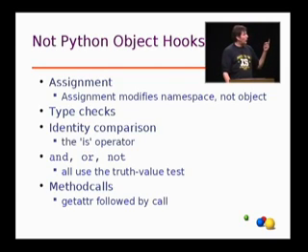And, or, and not are Boolean operations, and they just call the one truth value test that your object can implement, and you have no control over what they actually return. As some may know, and and or in Python return one of the two values, whereas not always returns a Boolean. And method calls.